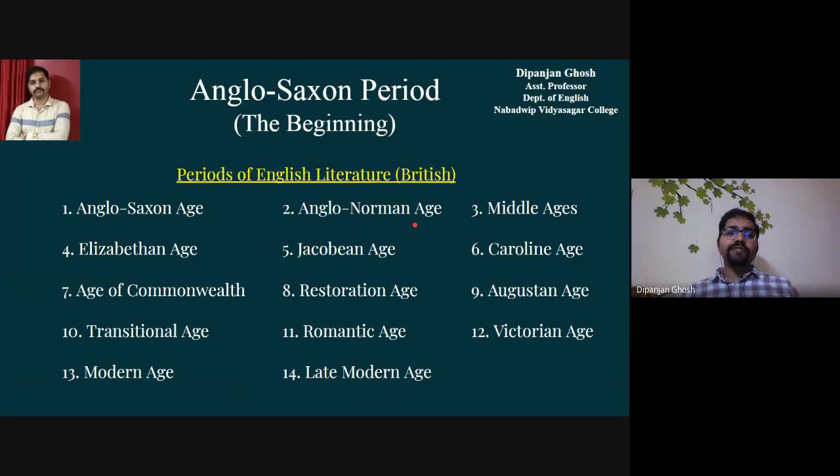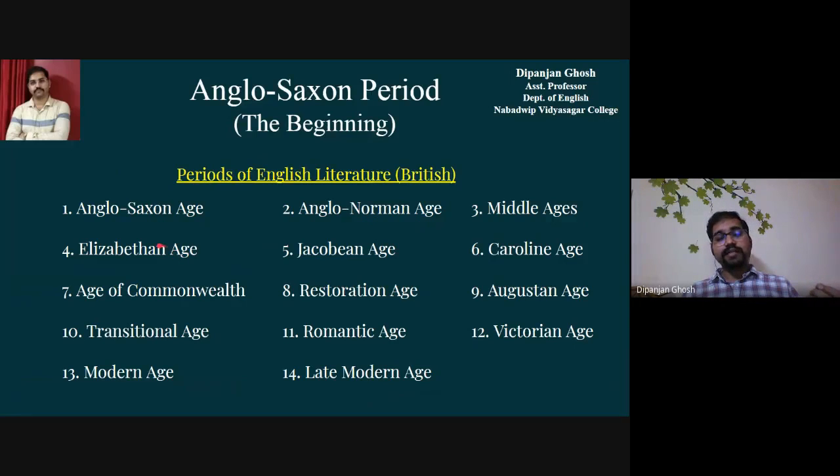After the Anglo-Norman Age comes the Middle Age, which runs up to the year 1400, when there is the reference to Chaucer. After Chaucer, from 1400 to almost the 1560s, this section is mentioned by Edward Albert in A Short History of English Literature, in the Oxford version.